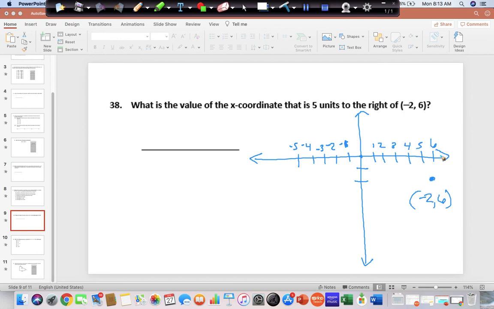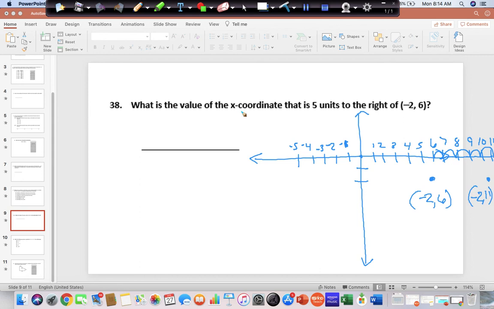We want to move 5 units to the right. So that's 1, 2, 3, 4, 5. See what I mean? 1, 2, 3, 4, 5. So this is 7, 8, 9, 10, 11. So we are now going to go to -2, positive 11.